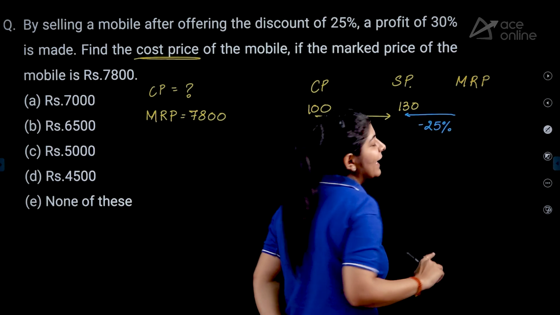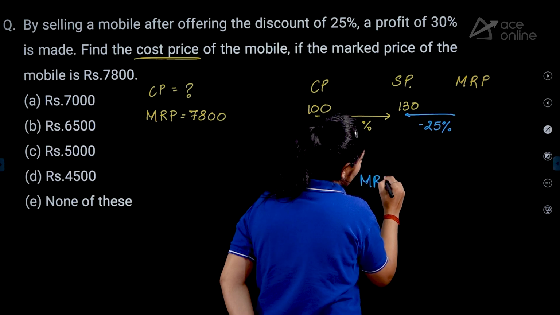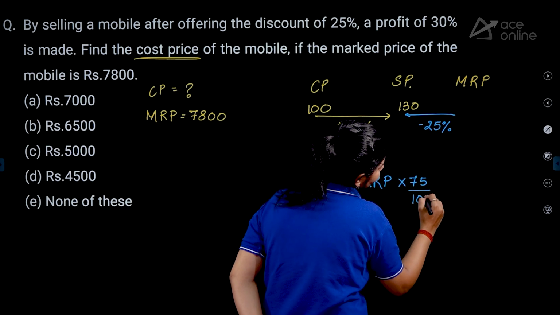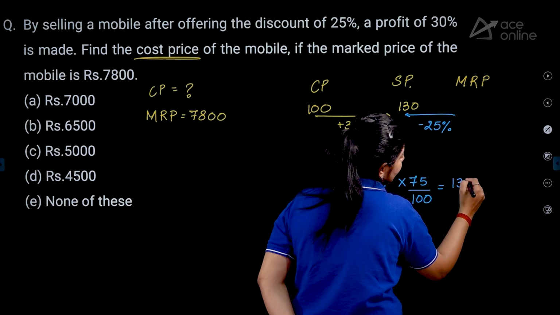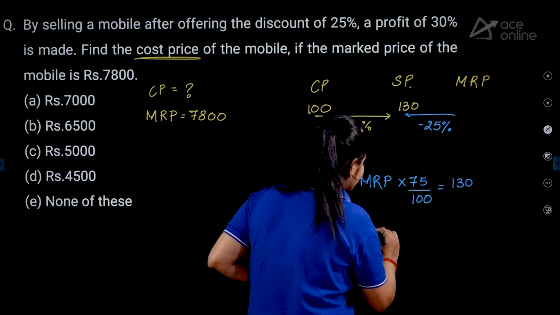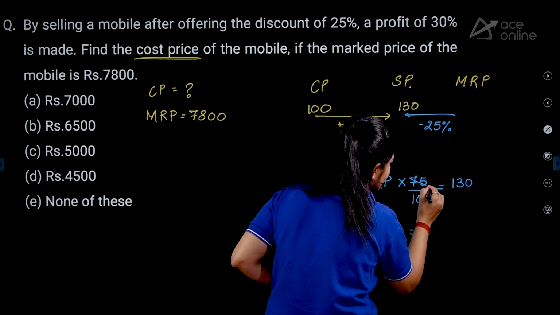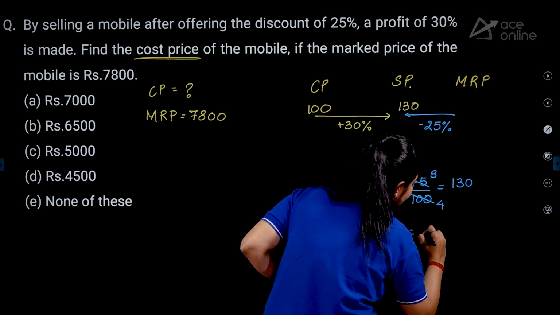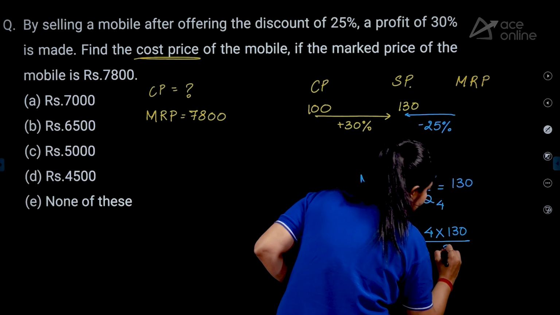So you know that whatever MRP you are having, if you sell at 75% of it, you will get 130. So from this you can easily get the MRP, which is equal to 4 into 130 divided by 3, basically.